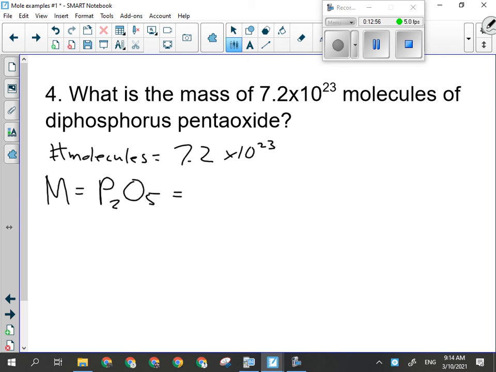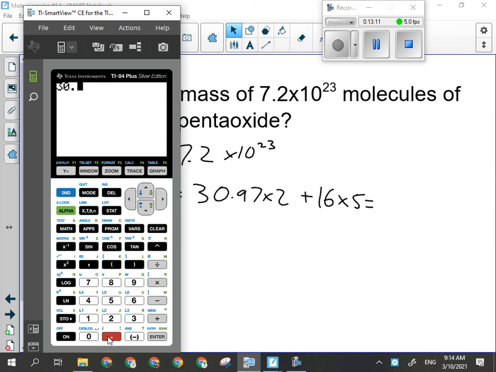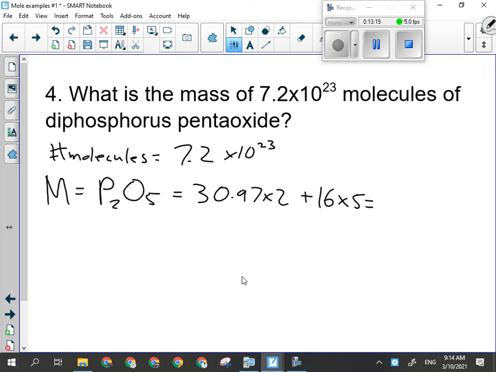So we're going to calculate the molar mass of that: 30.97 times 2, plus 16 times 5. That gives 141.94 grams per mole.